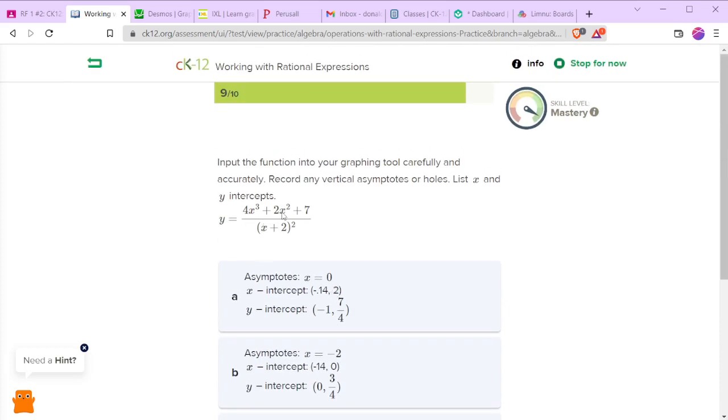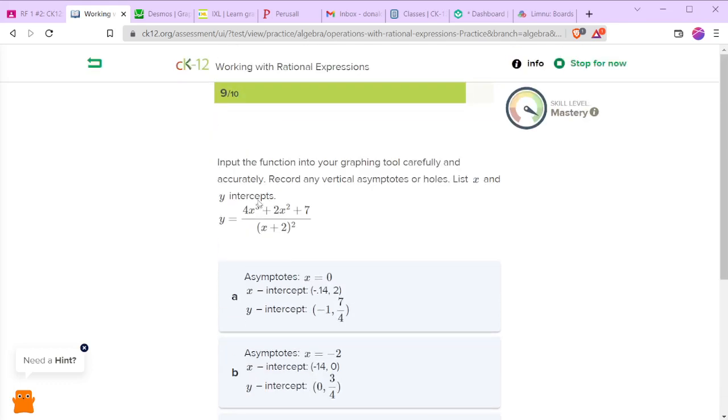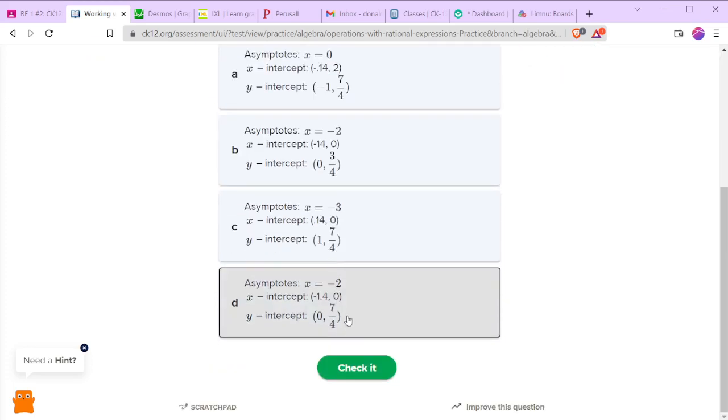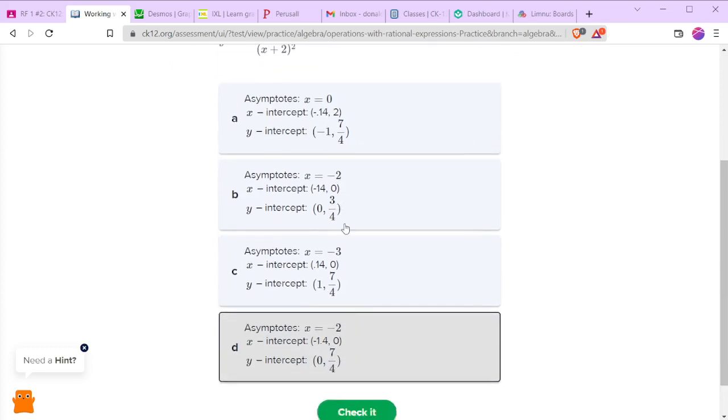If we let x equal 0, y equals 7 over 2 squared, which is 7 over 4. So we are going to have the asymptote at x equals -2 and our y-intercept at 7/4 and not 3/4.